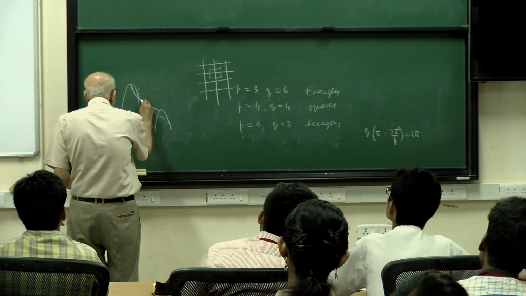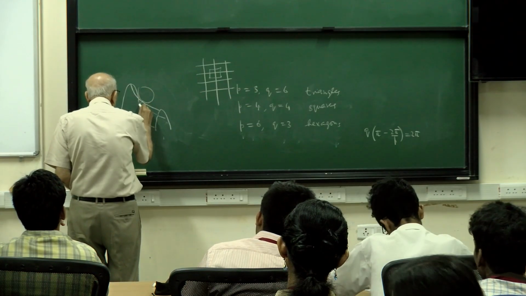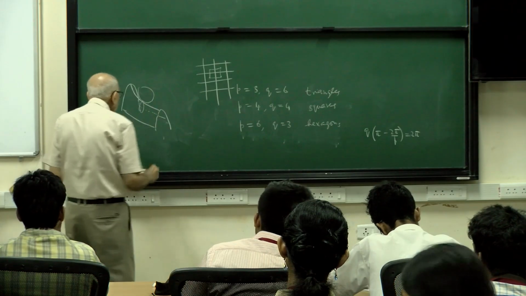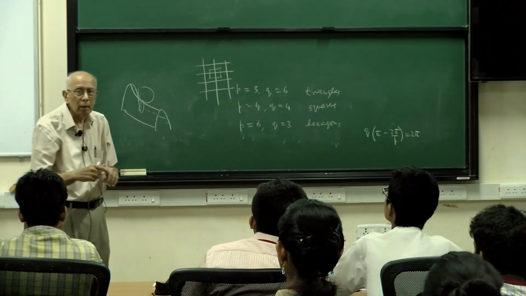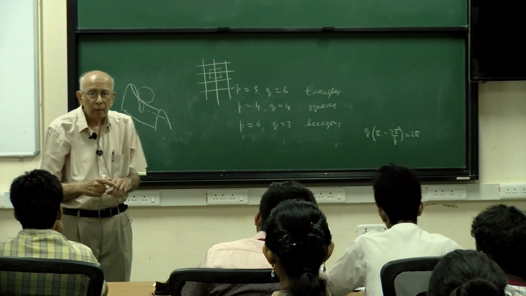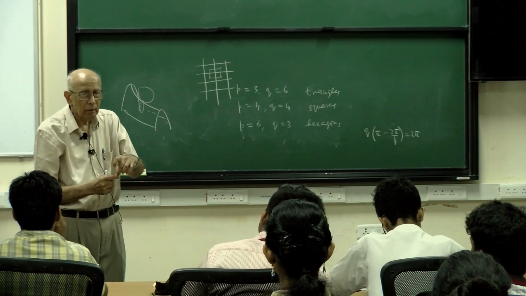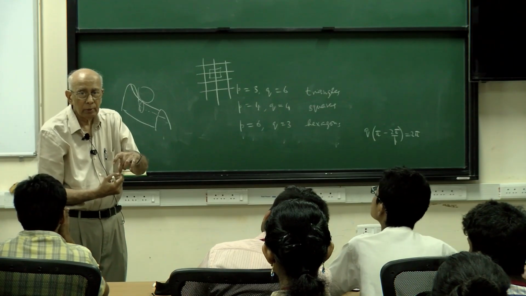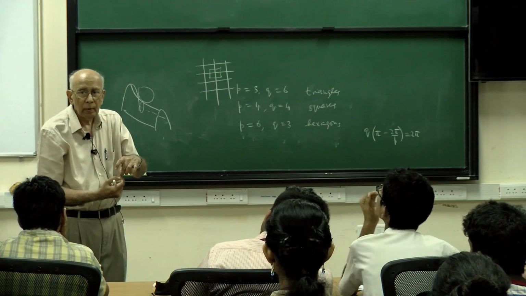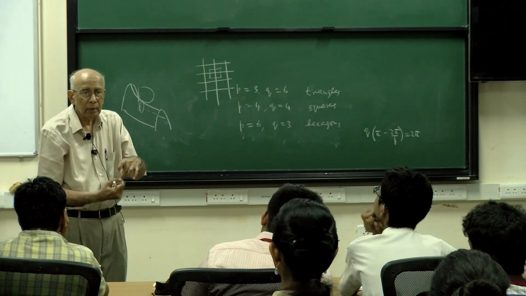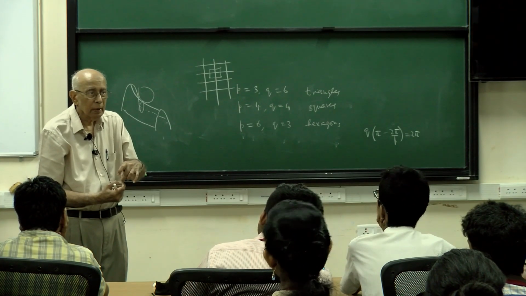There's one circle of curvature like this and a perpendicular circle of curvature like this on different sides. This is a saddle point, like the middle point of a saddle. One circle of curvature is on one side of the surface, and the other is on the opposite side of the surface. So one of them has a positive sign and the other has a negative sign. The product is negative, right?